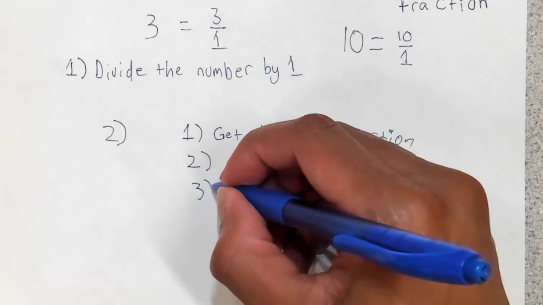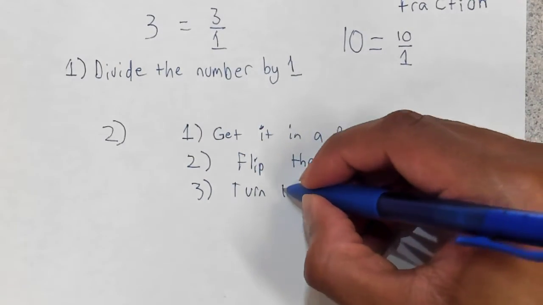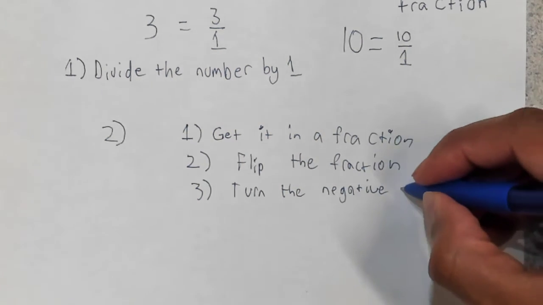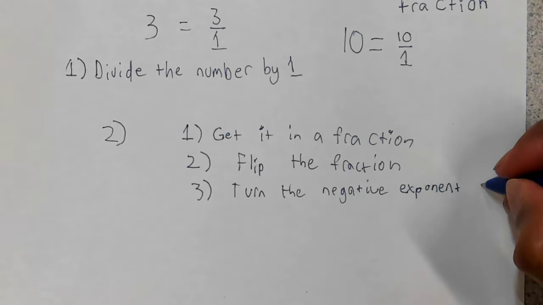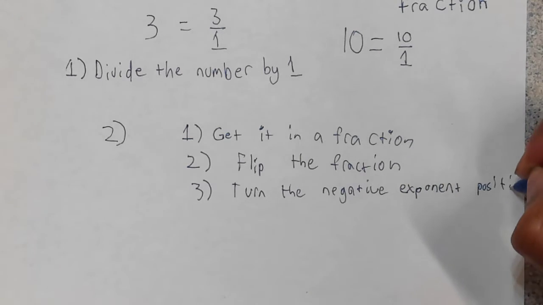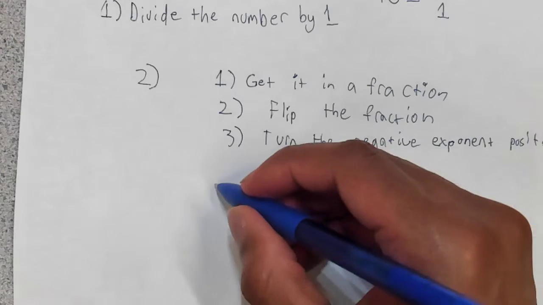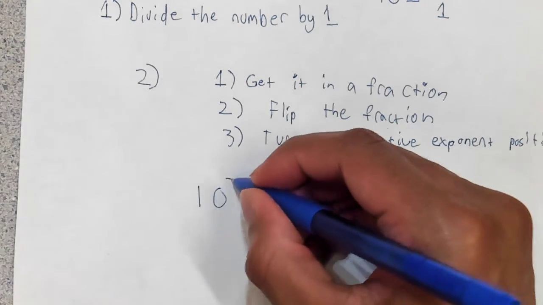Number 3, turn the negative exponent positive when you flip it. Let me illustrate that. We're given 10 to the negative 2.